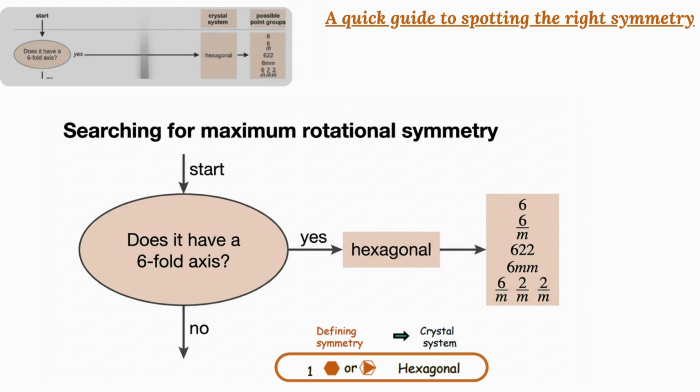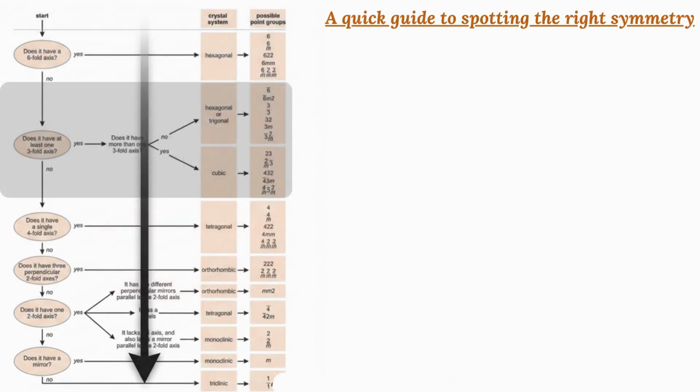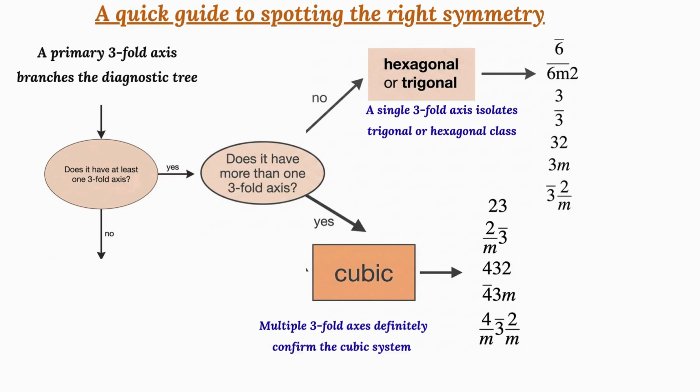If the answer is no, that means the crystal does not have sixfold symmetry, then we go to the next rotation symmetry, the threefold symmetry, because the threefold symmetry helps us to diagnose trigonal and cubic. How many threefold axes? Because the trigonal has only one such axis, whereas the cubic must have more than one.